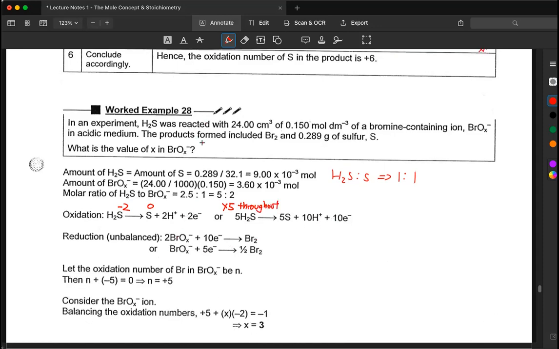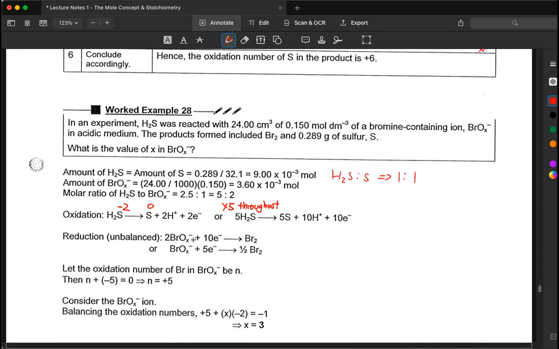So for the other one, BrOx minus to Br2, I don't think this is balanced, but it doesn't matter. No need to do the full half equation; I'm not asking you to combine that. If you combine, you need to add water and then add H plus, which is very troublesome.